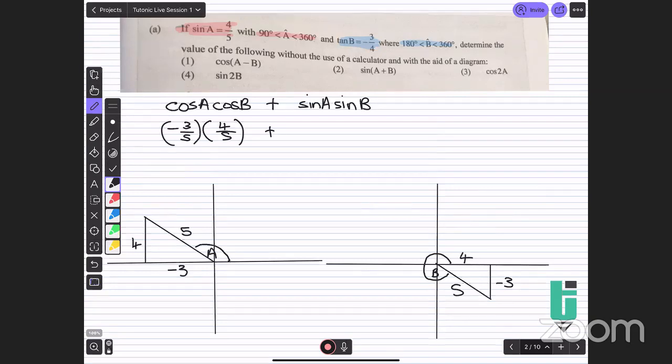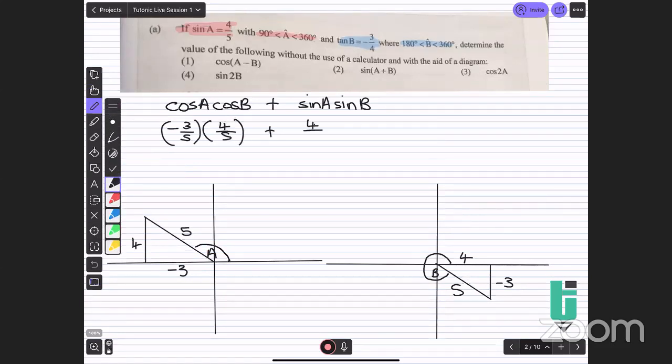Anybody want to help us? Sydney, what do you think? Sine of A. Which one? Sine of A? Yeah, sine of A. 4/5. 4/5, because opposite over hypotenuse, right? Yes. Okay, do you guys see that? Amara, do you see that? Okay, sine A is 4/5, opposite over hypotenuse.